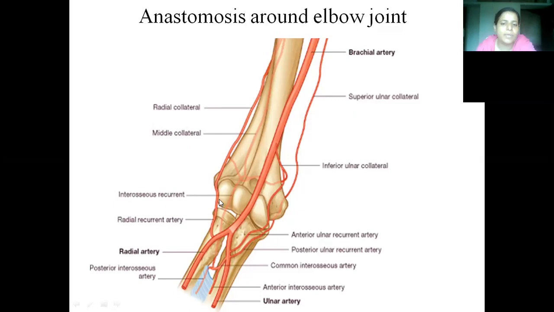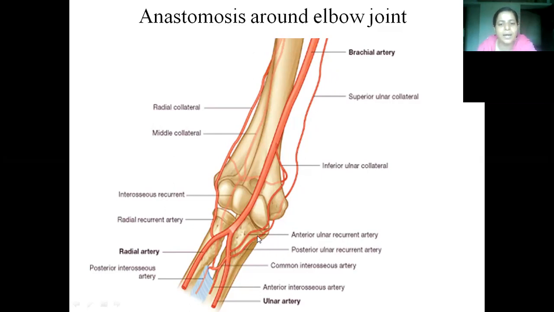So we have the anterior ulnar recurrent, and the posterior ulnar recurrent going behind the medial epicondyle. It anastomoses with the superior ulnar collateral, a branch of the brachial artery which goes behind the medial epicondyle.